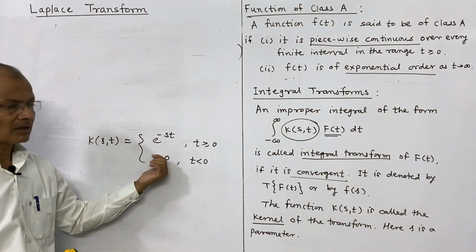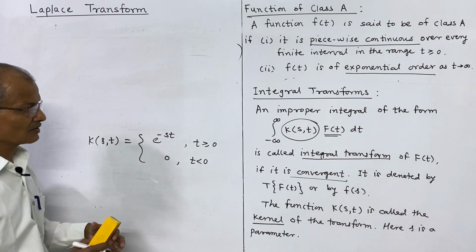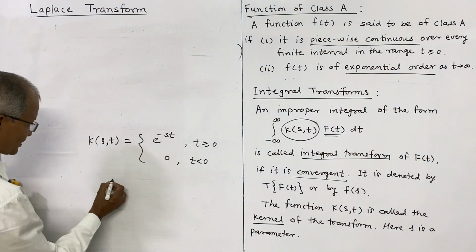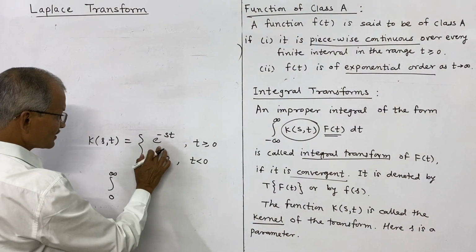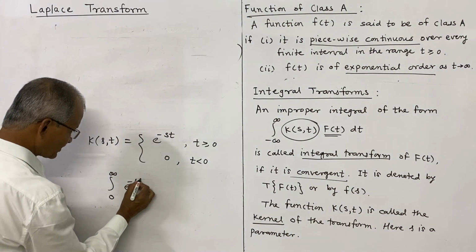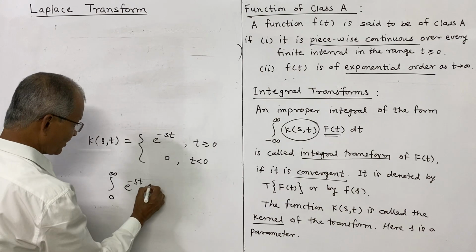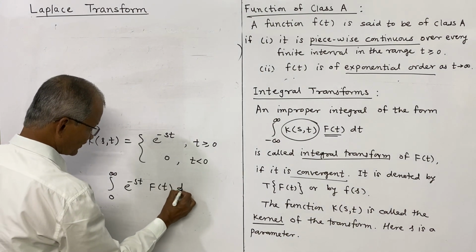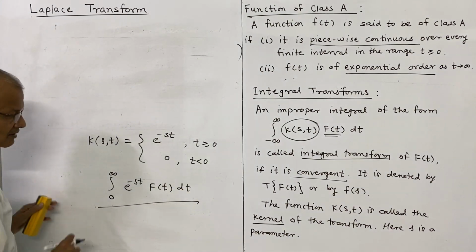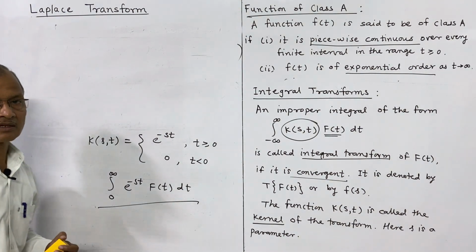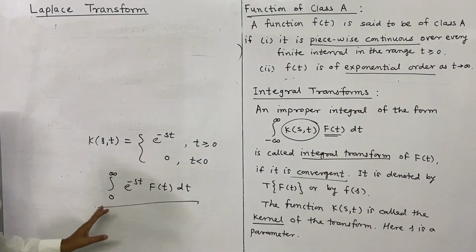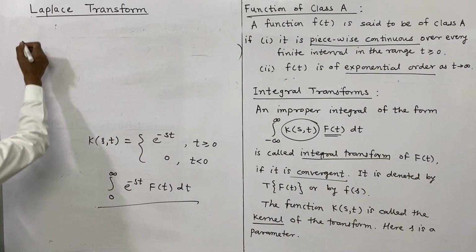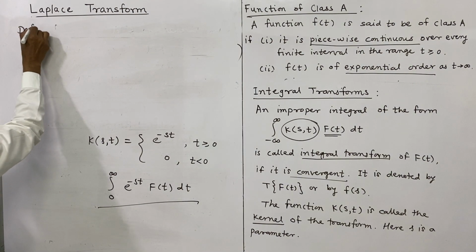So the integral transform becomes integral from 0 to infinity, k is e power negative st, and f of t remains the same, dt. Then this integral is known as the Laplace transform. That is the definition of the Laplace integral transform.